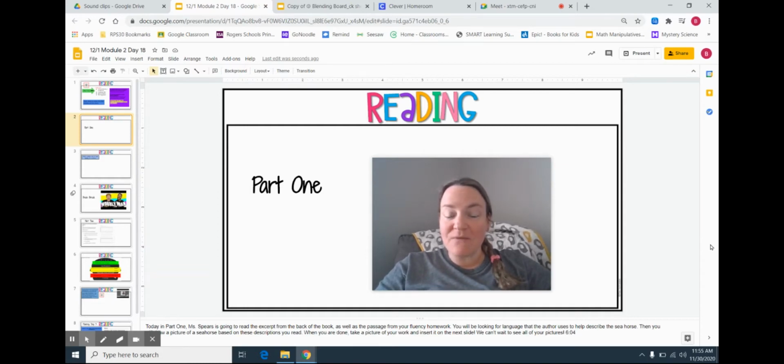You will be looking for language that the author uses to help describe the seahorse. Then you are going to draw a picture of the seahorse based on the descriptions that you read with Miss Spears. When you are done, please take a picture of your work and insert it on the next slide. We cannot wait to see all of your pictures.